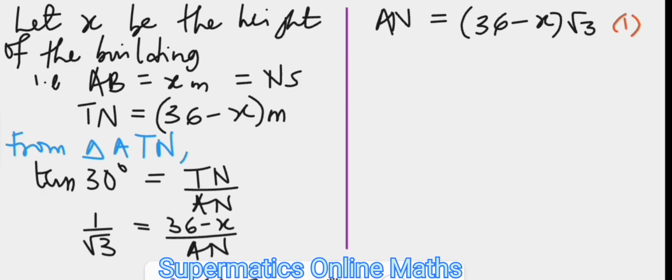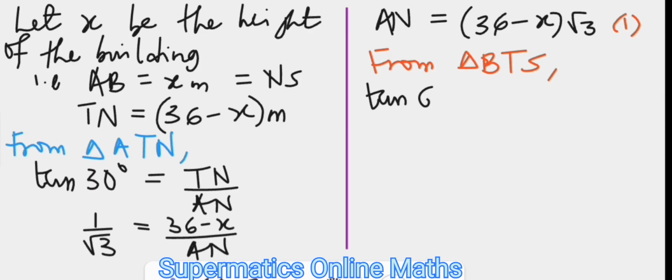Then we consider triangle BTS. Still using tangent, the tangent of the angle 60 degrees is going to be the side TS over BS. And don't forget that the side BS is the same thing as the side AN.